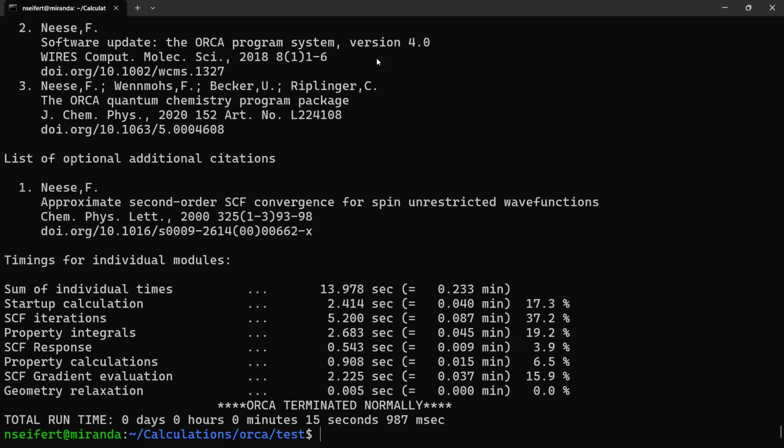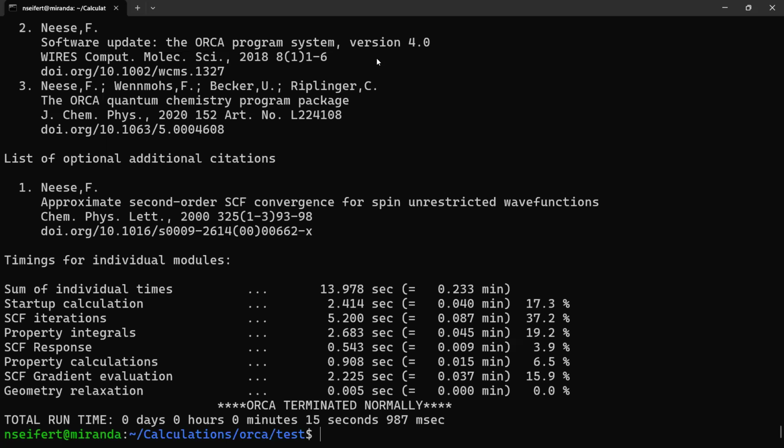Property integrals calculate the dipole, the electric field, all sorts of different electrical properties. The response is calculating the electric field. Properties, which is the vibrations. Gradient, which is again measuring the energy, trying to find the minimum of the energy. Geometry relaxation, which is jiggling all of the atoms around, trying to find a stable point. You can see all of that took us 14 seconds.